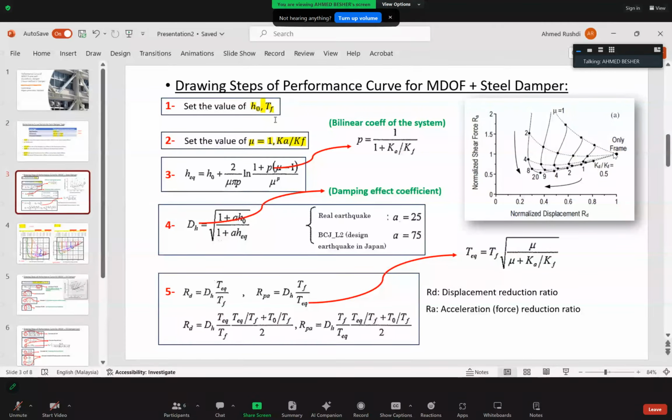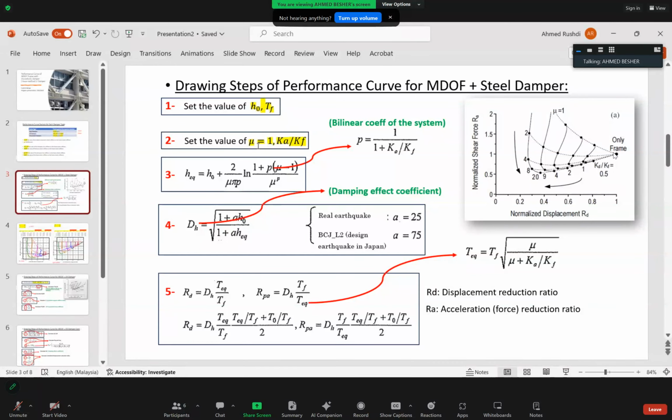First step is to assume the initial value of the damping ratio and the effective time period of the frame. We can see in this graph that the governing factors are mu and the ratio between the damping system and the frame.